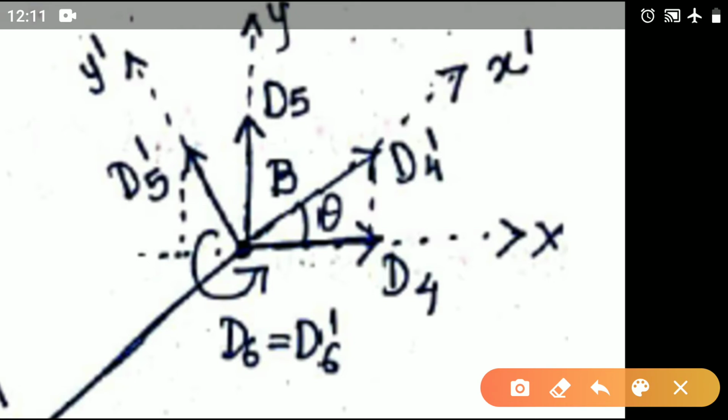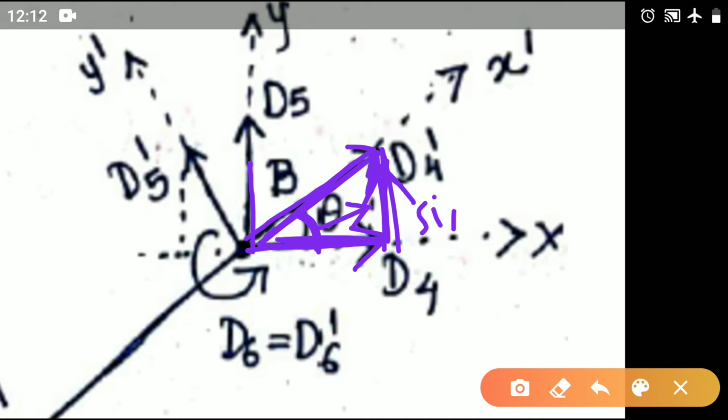So for d4 dash, make this the hypotenuse. This is the lower side, and this d5 is taken here. So d4 dash is equal to this horizontal line d4 adjacent to theta, cos theta, d4 cos theta, plus this vertical side d5, opposite, that is sin theta. So that is d5 sin theta. This is the first equation.